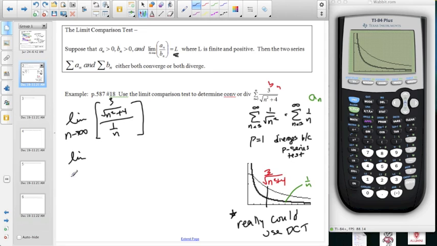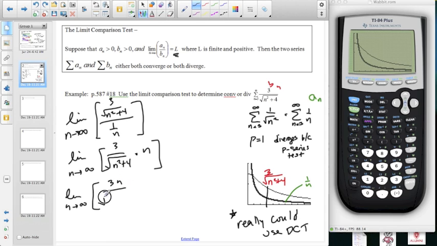So that's the same as saying the limit as n goes to infinity of 3 over the square root of n squared plus 4 times n. And so we're going to evaluate the limit as n goes to infinity of 3n over the square root of n squared plus 4.